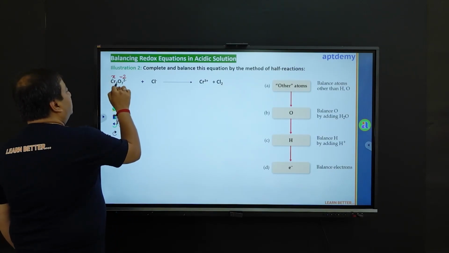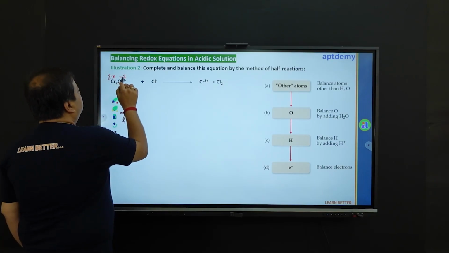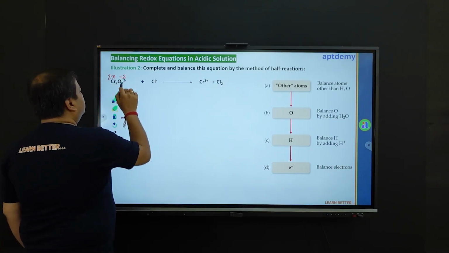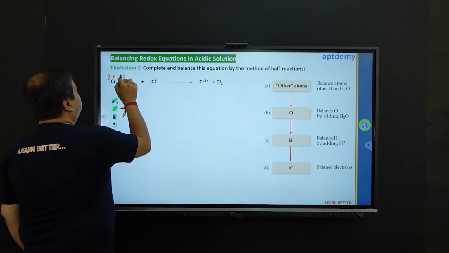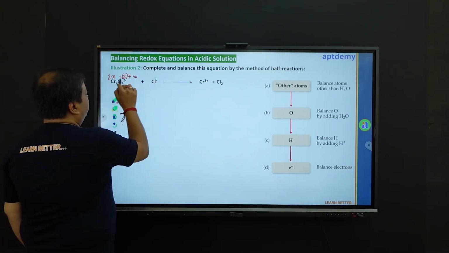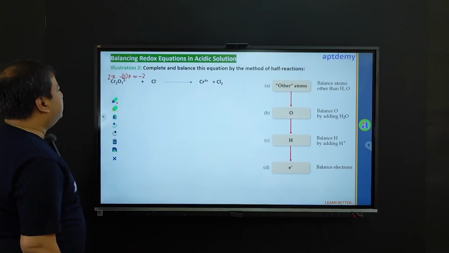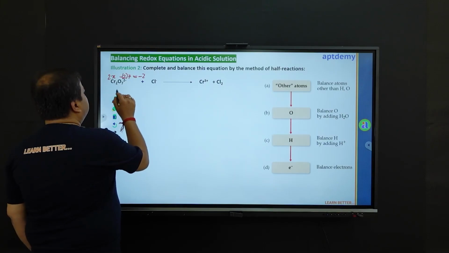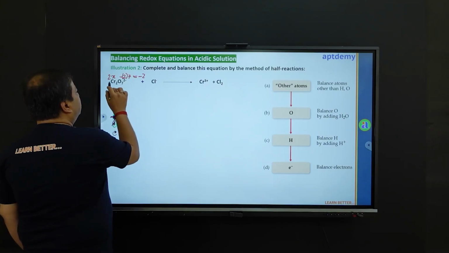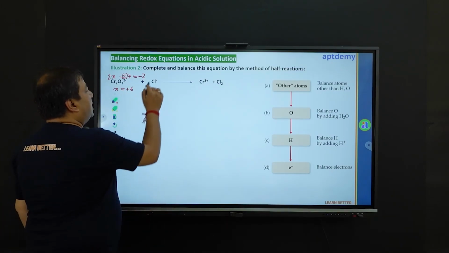So now there are 2 chromium, so it is going to be 2x, and oxygen is having -2. Now there are 7 such oxygens, so it is going to be multiplied by 7, and the algebraic equation that we are getting should be equal to -2 because the charge on this ion is -2. So that means that chromium in this is going to have +6 oxidation state.